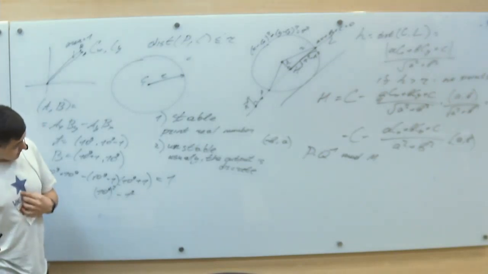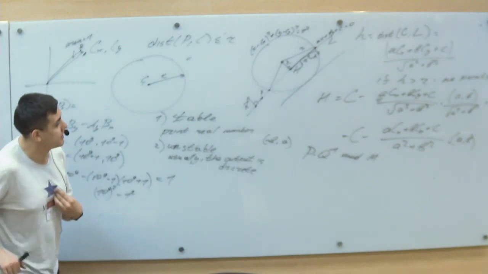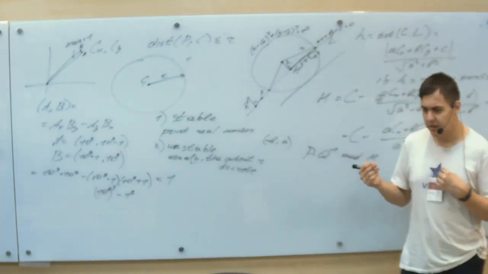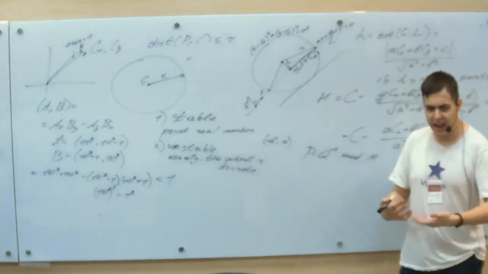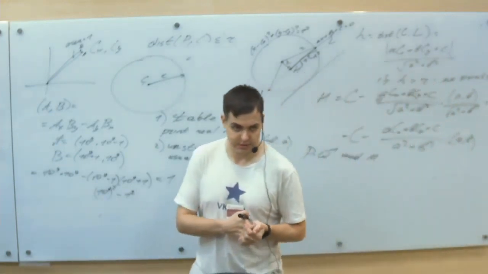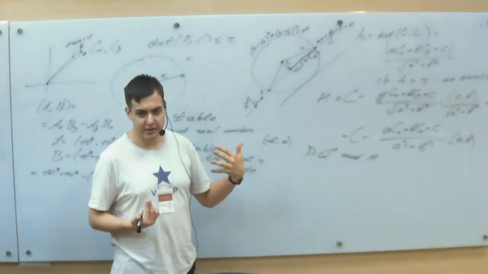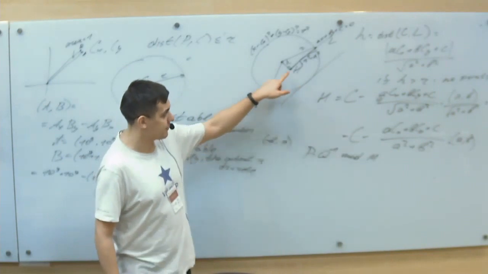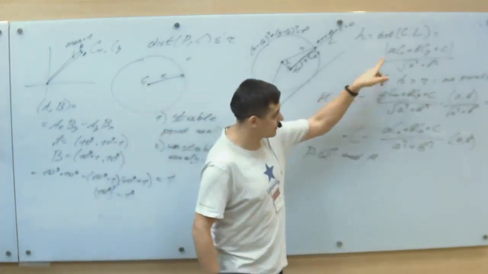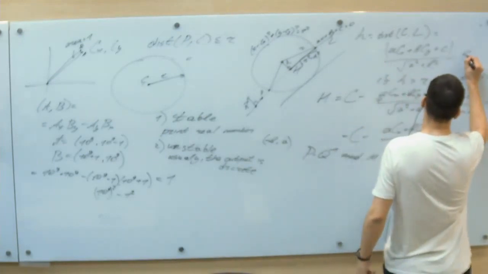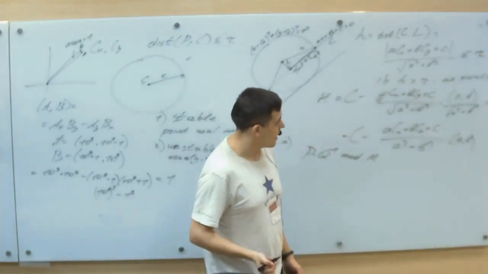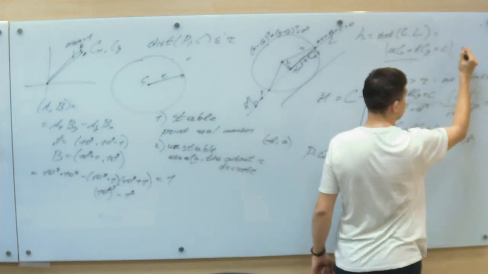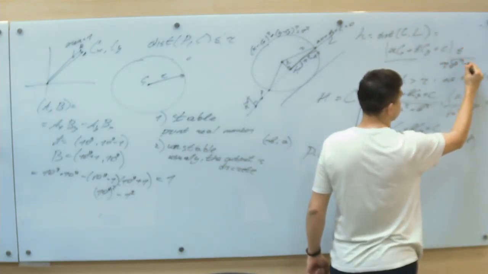Okay. So what was that all about? In unstable problems, you want to be able to solve everything in integers. If some condition can be checked in integers, you probably can do that. For example, to check if a circle and a line intersect, you have to check if this distance is at most r. To do that, you need to multiply both sides by the denominator, so it's r times the square root of a squared plus b squared.